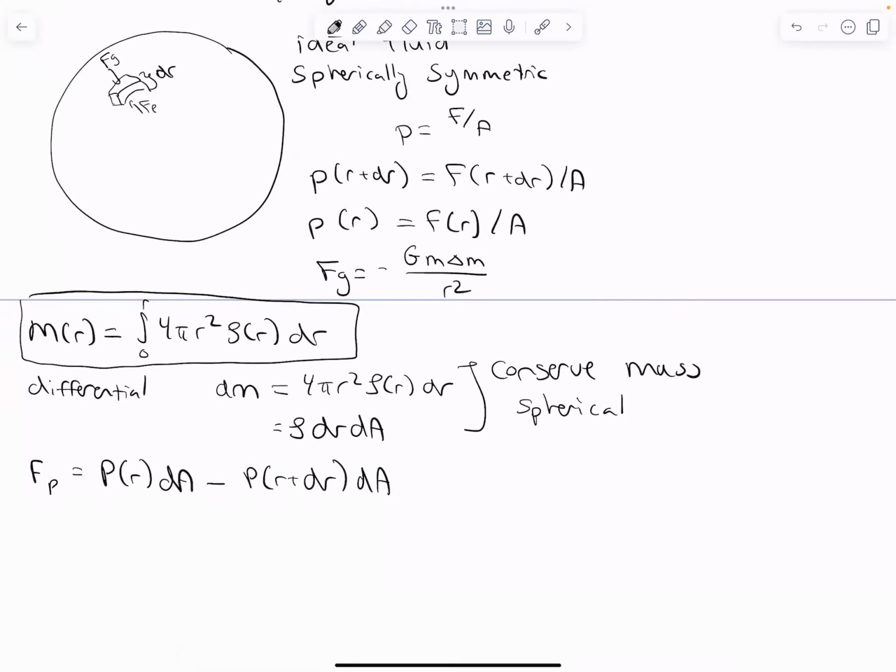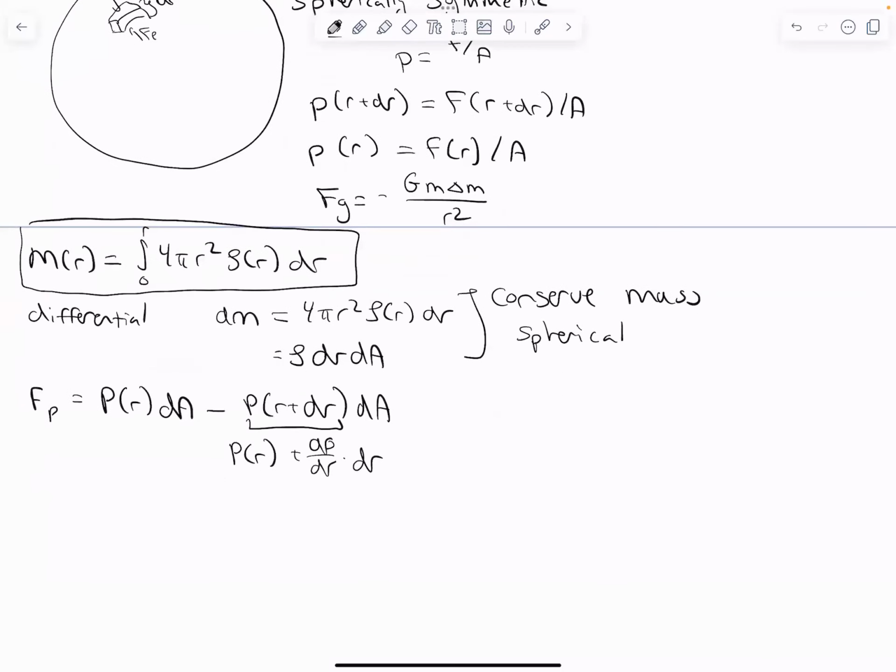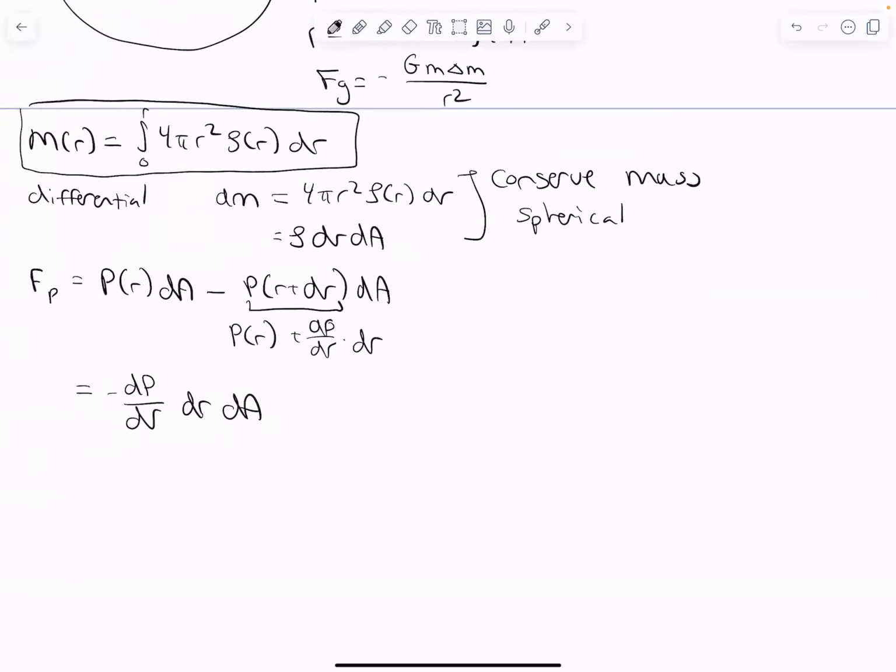This can then be rewritten as P of R plus dP, this dot dr, this little part. And if we work out the math here, we end up with minus dP/dr dr dA. If you have something that's in equilibrium, it's called hydrostatic equilibrium.